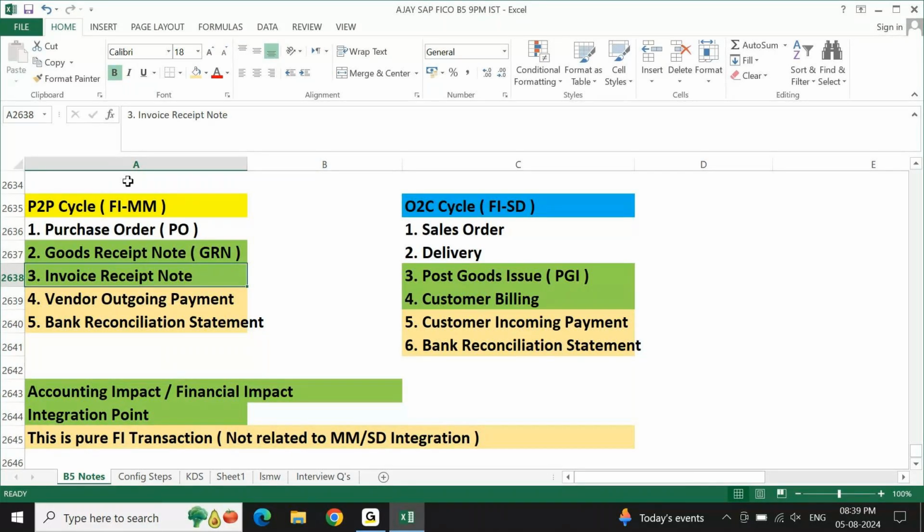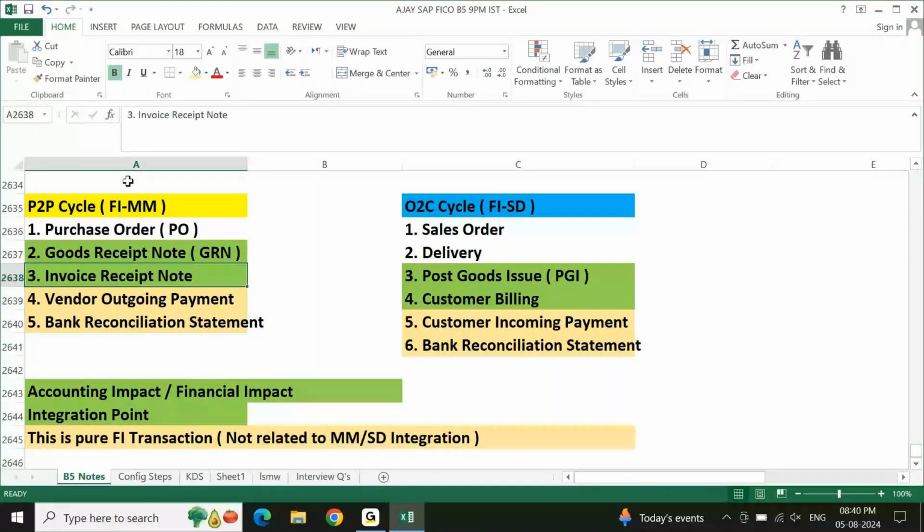We need to know which debit, which credit will be used. In short, what account will be debited, what account will be credited, and on what basis. When you understand this, it is easy for you to relate your FIMM integration, FIST integration. You are not supposed to learn this by heart or mug up. You need to understand it in a logical, conceptual way.